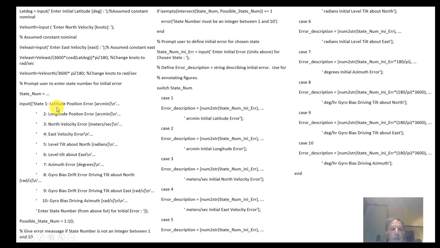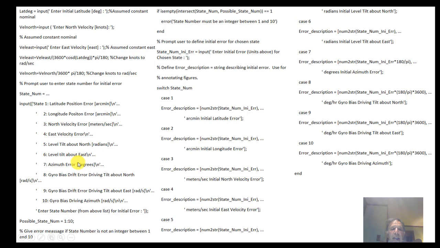So we choose what condition we want to simulate. We could simulate, as you remember, say an initial latitude error, an initial longitude error. By the way, initial longitude error doesn't propagate into other states. We could have a north velocity error, initial east velocity error, level misalignment about north, a misalignment about east, a misalignment about the vertical, also referred to as an azimuth error misalignment.